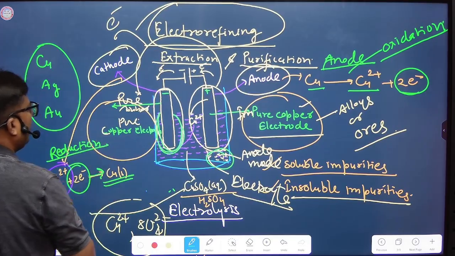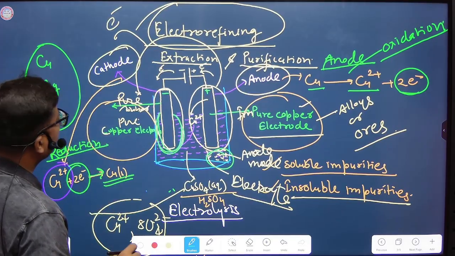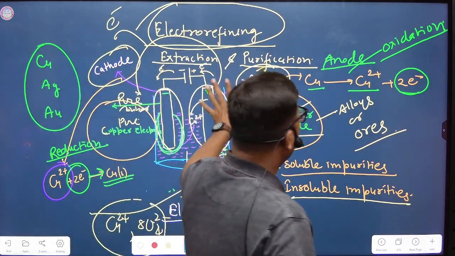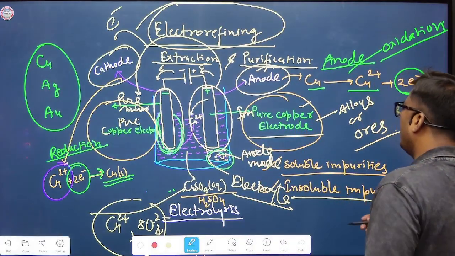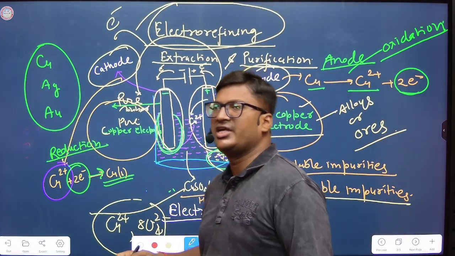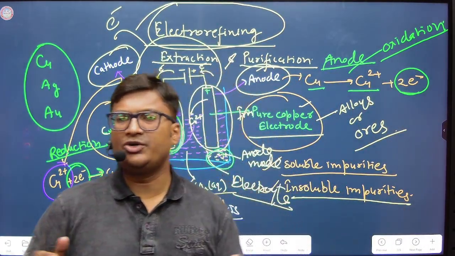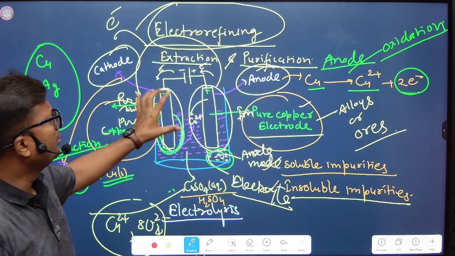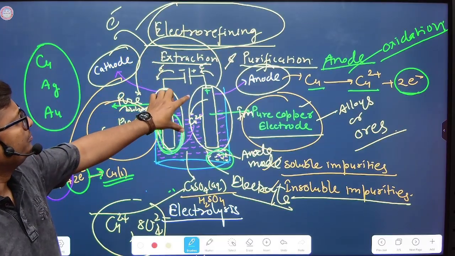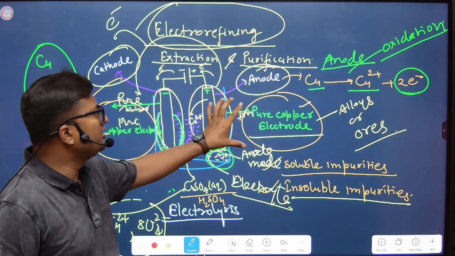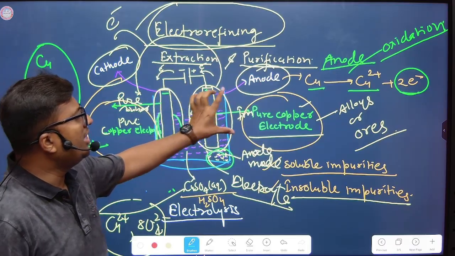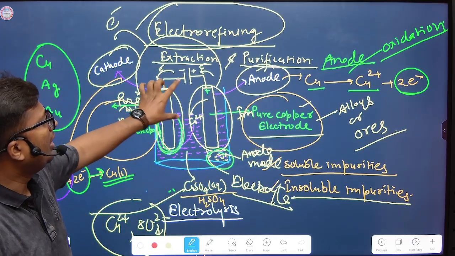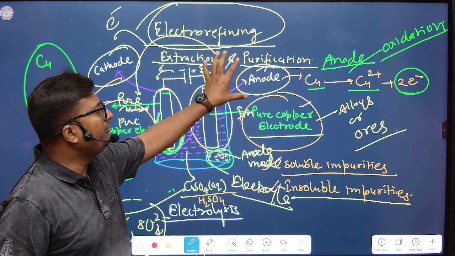So reduction is favored at the cathode and oxidation is favored at the anode. So this is the process of electrolysis, and it is responsible for the extraction of the desired metals from alloys or impure metals, and it is ultimately purified.